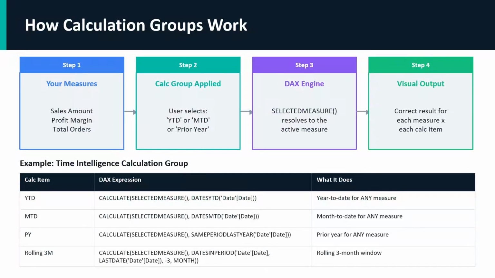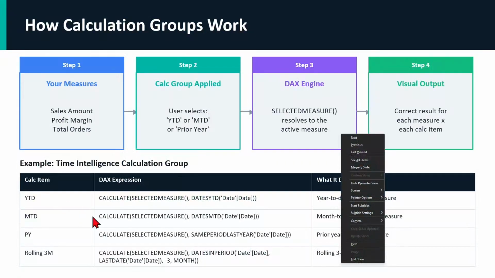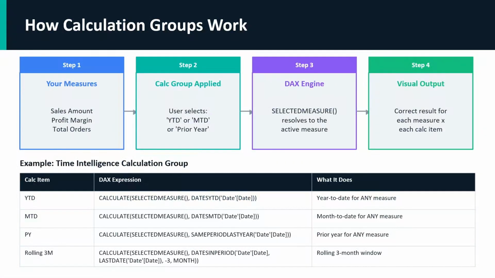Third one, prior year or same period last year for any measure that was selected. Last one, trailing 3-month window. You can see it, the rolling 3-month window. That's 3 months. So these are different examples. We're still going to go into how to do all this.